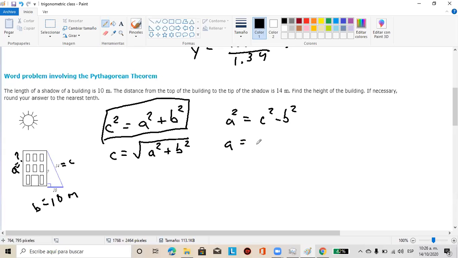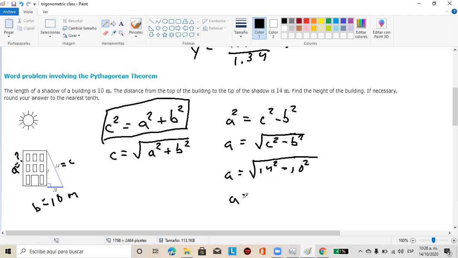So A is equal to the square root of C squared minus B squared. And now we just introduce the data. C is 14, B is 10.